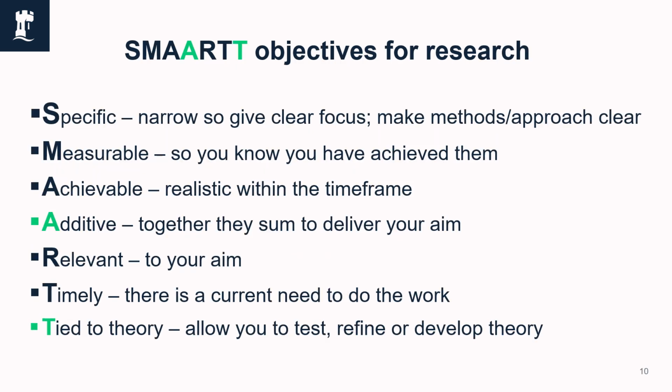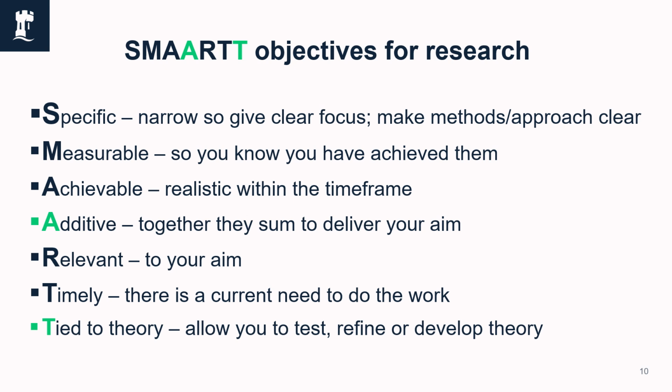Well, to help with that, I've set out my specification, but actually rather than just specifying each of the letters, I've added an extra couple that I think help us a little bit more specifically within the context of research. And I've tried to be as clear and helpful as I can in terms of defining what we mean for each letter of the acronym.